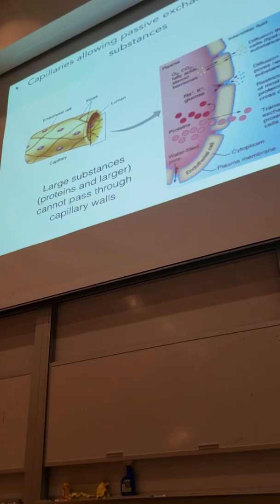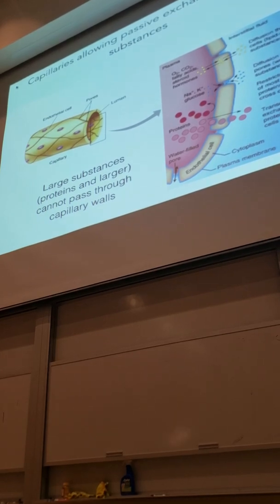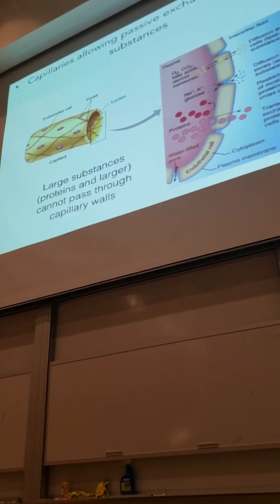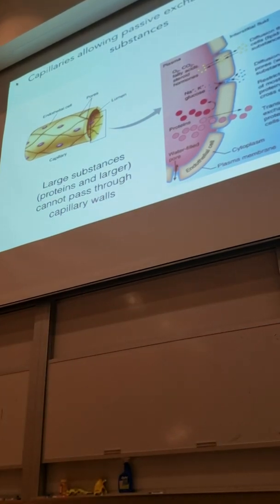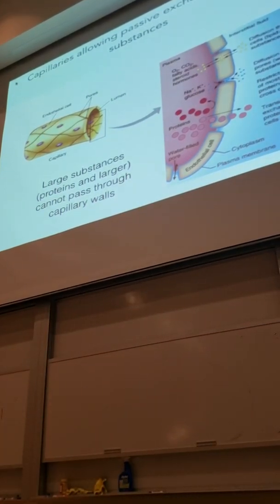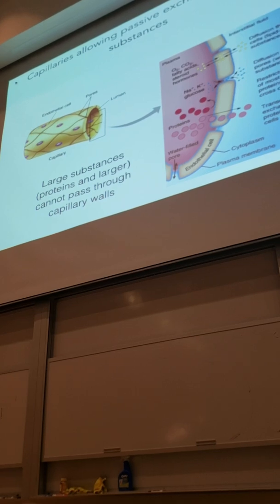And then they spit them out the other side in exocytosis. So we call this transcytosis. Substances are picked up on one side and actively transported to the opposite side of the cell.